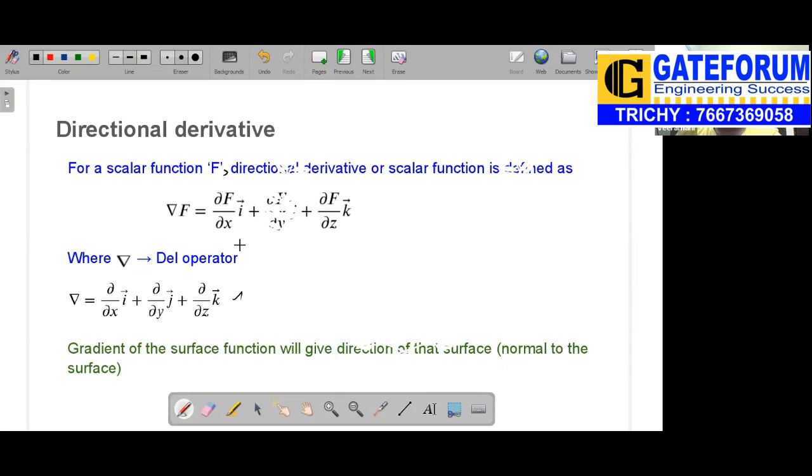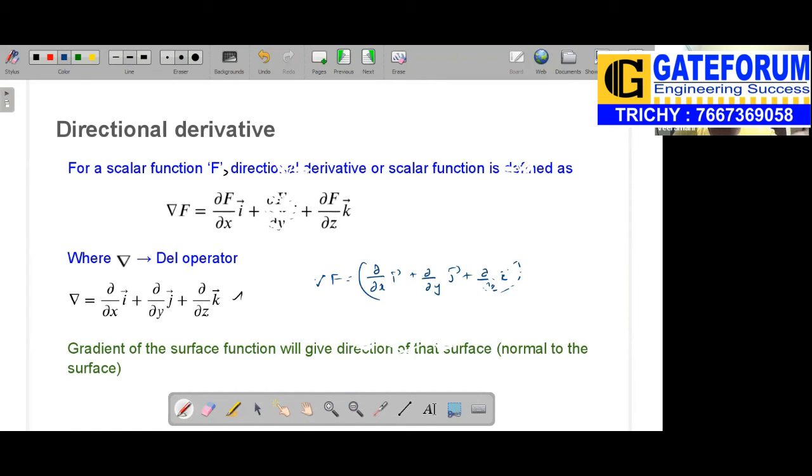Okay, so if we take del f, now f is just a scalar function. So how does this del f work out? If you apply del on f, first del is ∂/∂x of i vector plus ∂/∂y of j vector plus ∂/∂z of k vector. Okay, there is no dot product, it's just a multiplication.